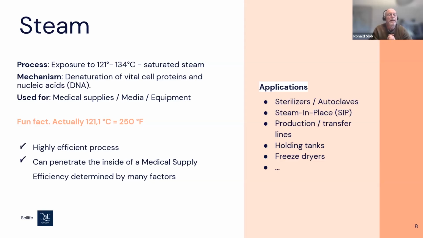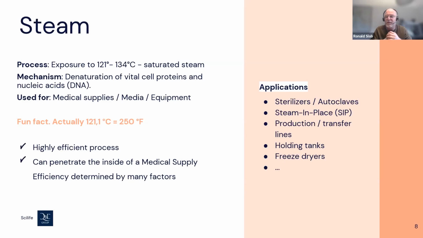So first, the most commonly used is steam. Steam is an exposure of saturated steam at, say, 121 degrees or 134. It depends on the policy of your company which temperature you want to use, but both are commonly used. The most important thing is that it is saturated steam.